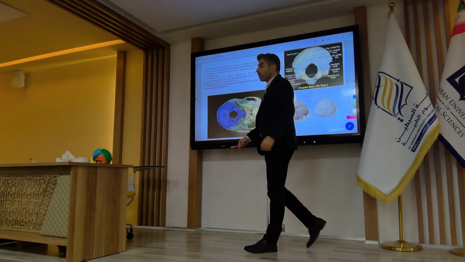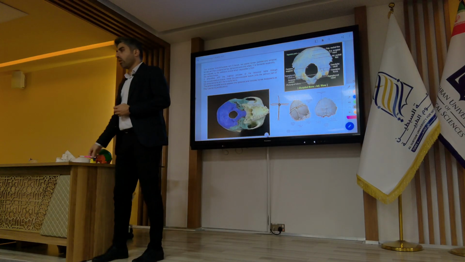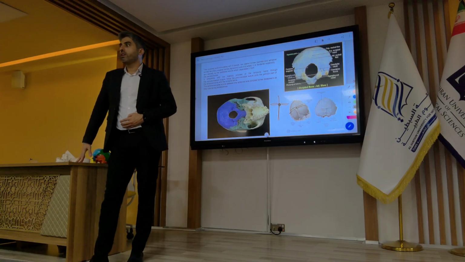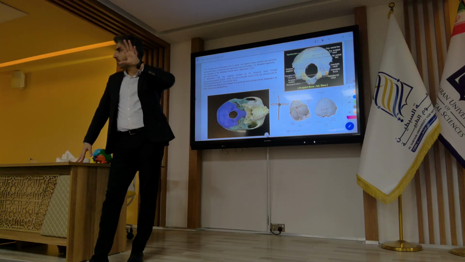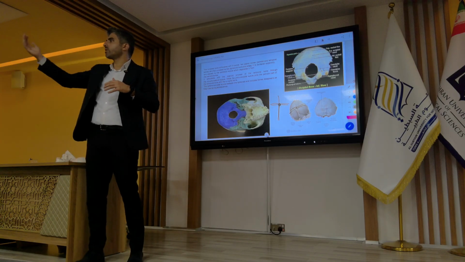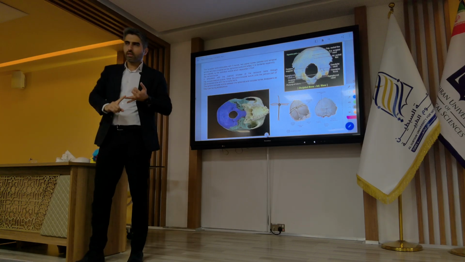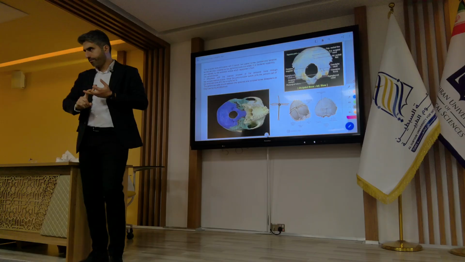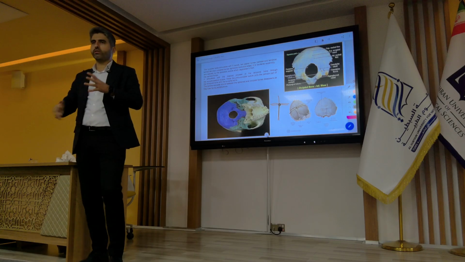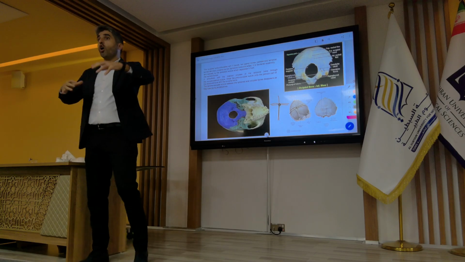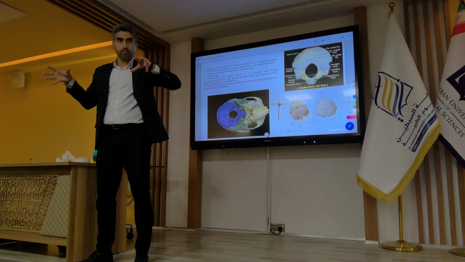I told you, in the skull, for the brain, we have a lot of sinuses: superior sagittal sinus, inferior sagittal sinus, cavernous sinus, petrosal sinus, and straight sinus. It means big veins.